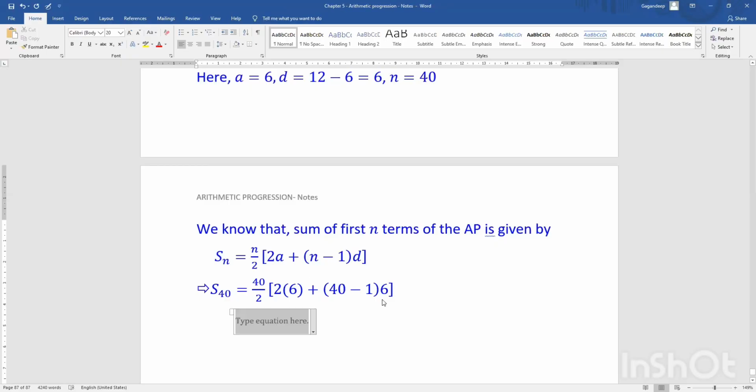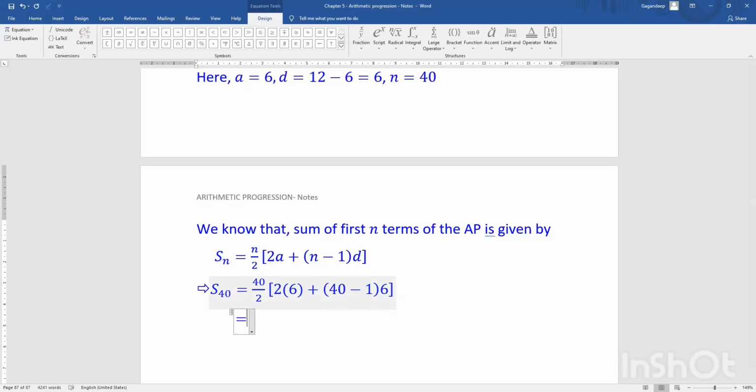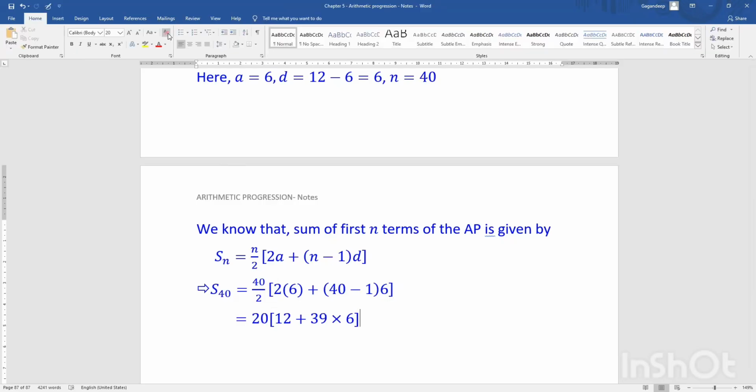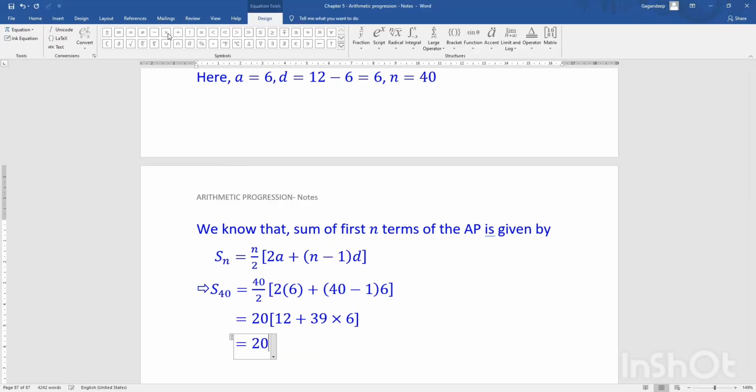This is equal to 40 divided by 2 is 20, bracket open, then we have 12 plus 40 minus 1, which is 39, into 6, bracket close. Which is nothing but 20, bracket open, 12 plus 39 into 6 is 234, bracket close.